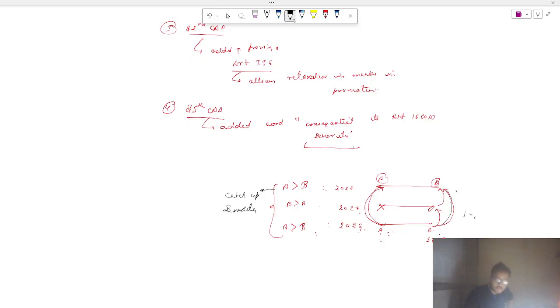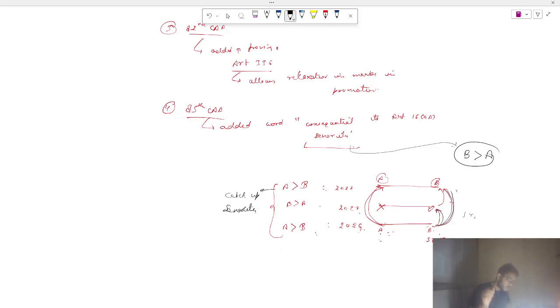According to consequential seniority, A has been promoted this year, but B has been promoted two years earlier. So according to consequential seniority, B is senior to A. Initially A is senior to B, but because of some consequences, now B becomes senior to A. So this is a very contrasting provision which has been laid down by the Constitutional Amendment Act.